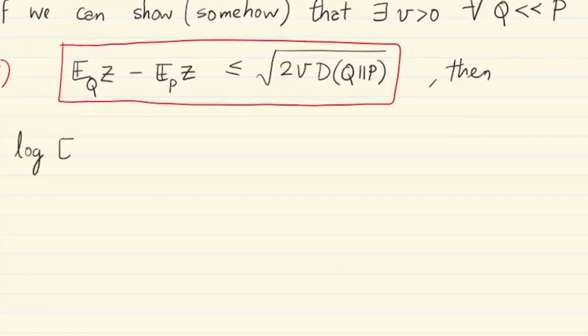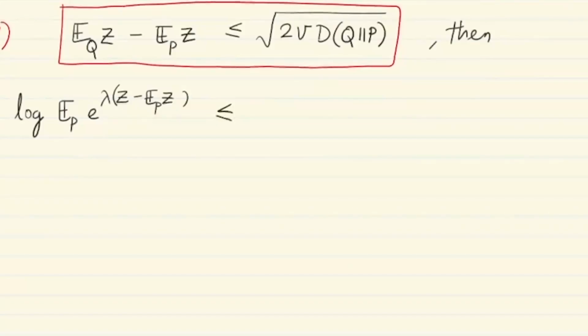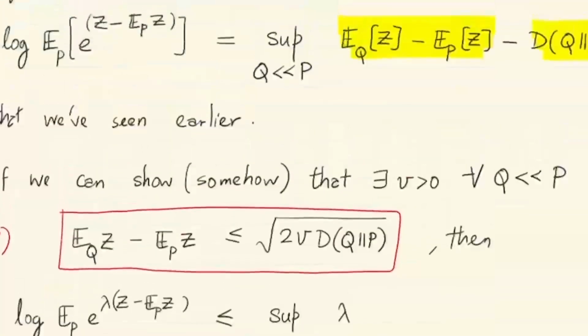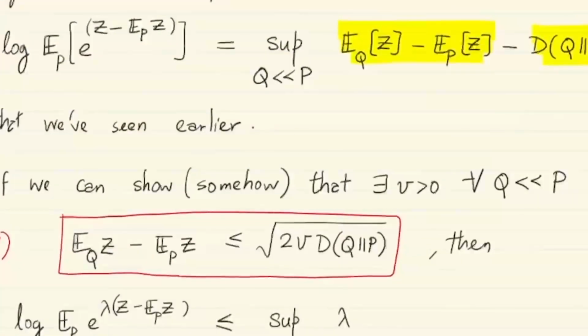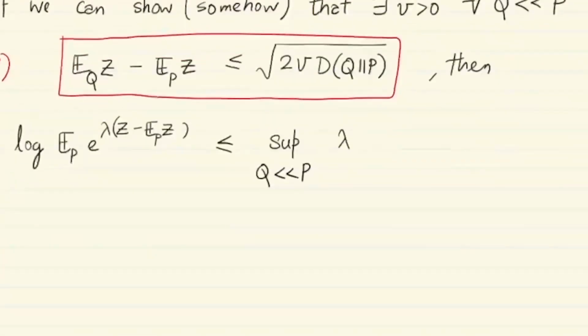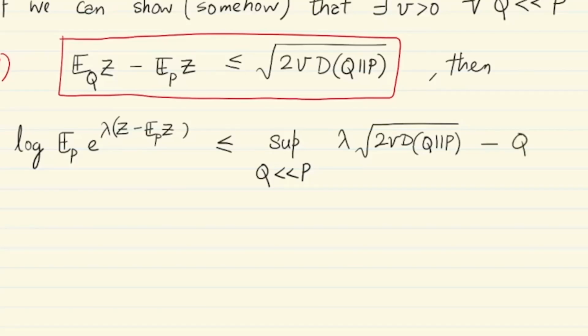The log of E_p of e raised to lambda times z minus E_p z is at most the supremum over all absolutely continuous q of lambda times, recall that we have a lambda multiplying z, so this E_q z minus E_p z now gets a lambda multiplier, and if star is true, then we can substitute the upper bound for E_q z minus E_p z, and then finally subtract D(q||p).